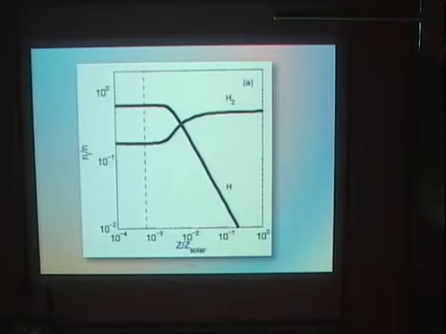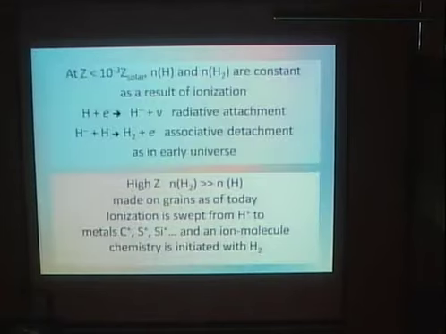Here I show as a function of the metallicity the distribution of hydrogen between atoms and molecules. And we see that at very low metallicities the H2 we know is made by radiative processes, of radiative attachment followed by associative detachment.